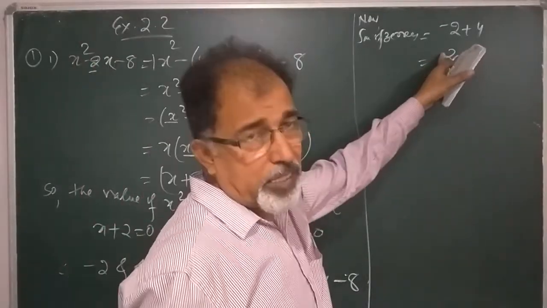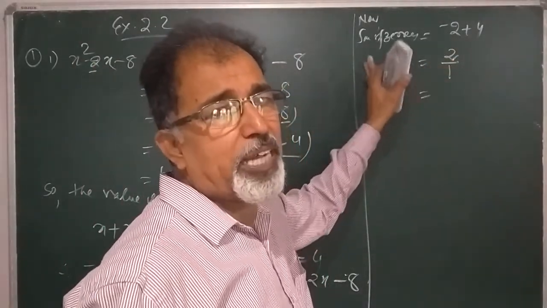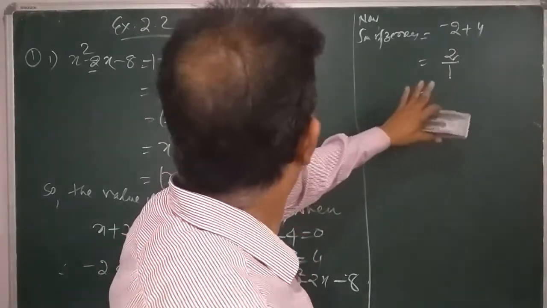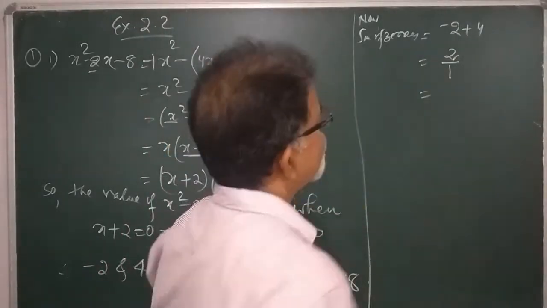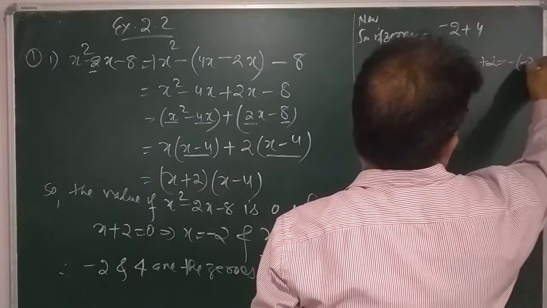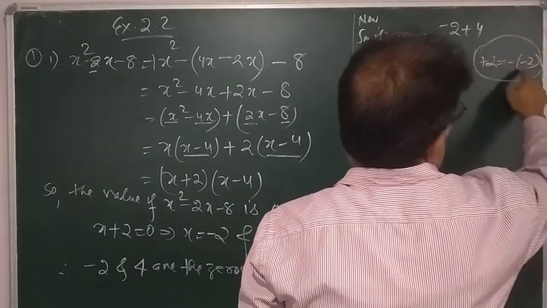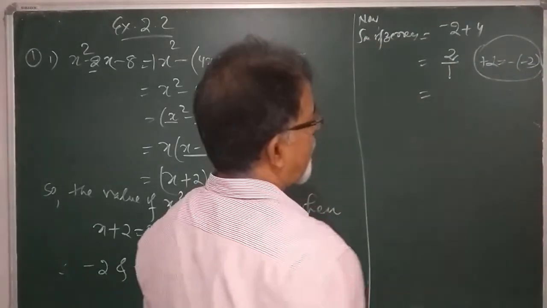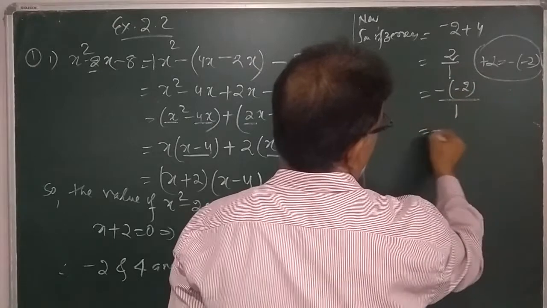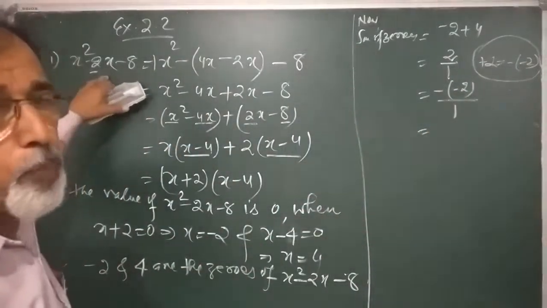This is plus, so we will have to express it as minus something by the coefficient of x square. So this is plus 2 and this can be written as minus into minus 2, because minus into minus is equal to plus, and that's why we write here minus 2 by 1.